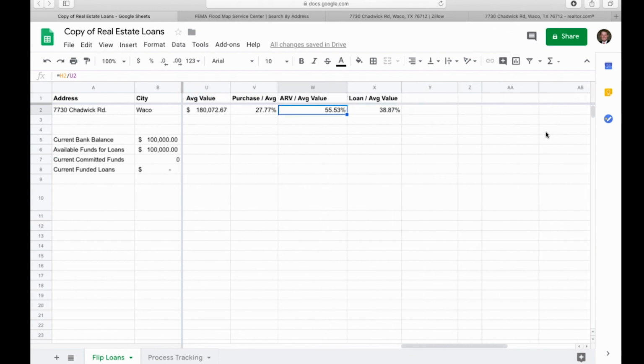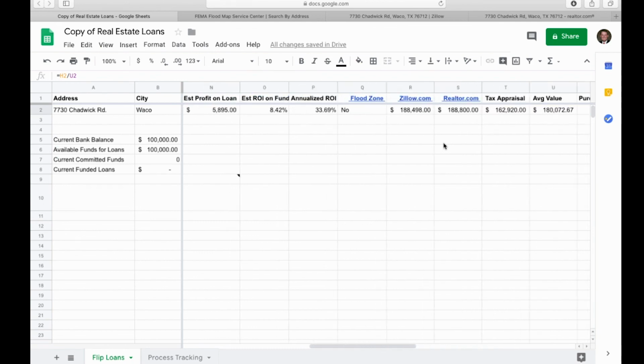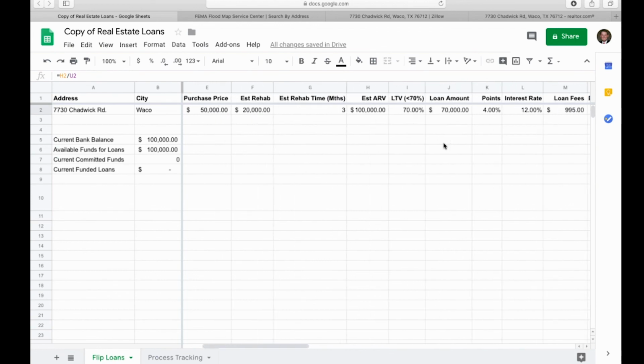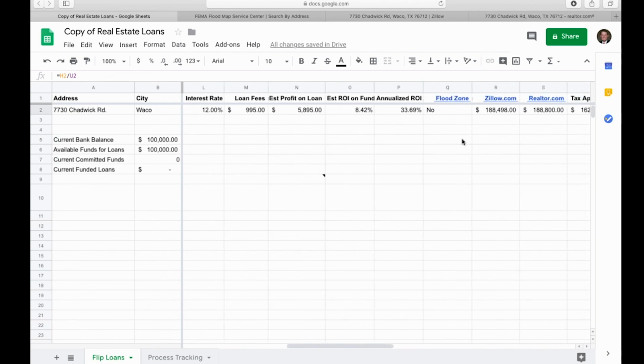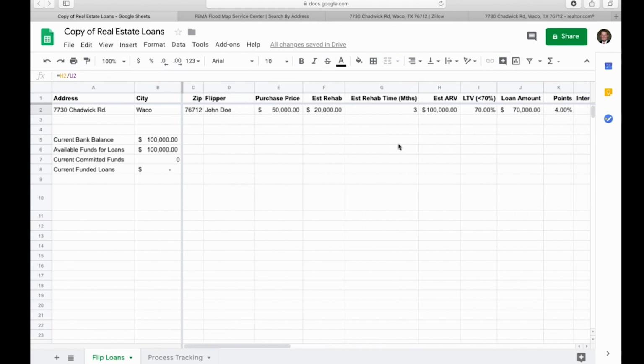So in this example, I think what you've seen is we've got a really good deal here. This is very low risk. If they are actually getting this deal, property should sell for somewhere in the 180 range, so our flipper is very low.